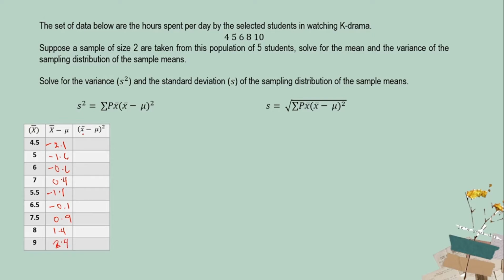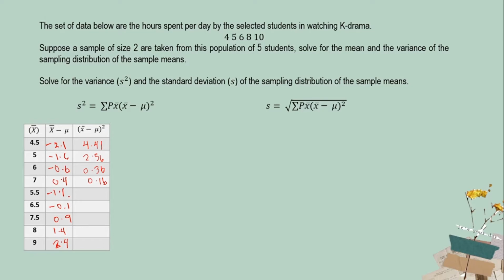Then we're going to square the values that we get from this column. So negative 2.1 squared gives us 4.41. Then negative 1.6 squared is 2.56. Negative 0.6 squared is 0.36. And then 0.4 squared is 0.16.